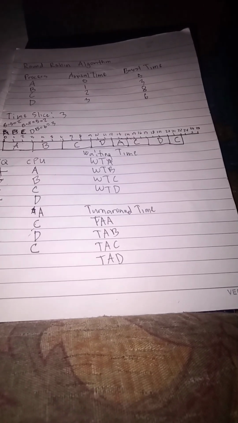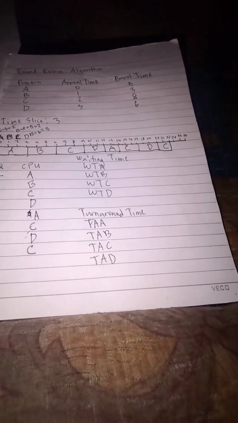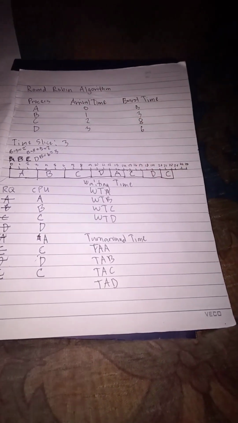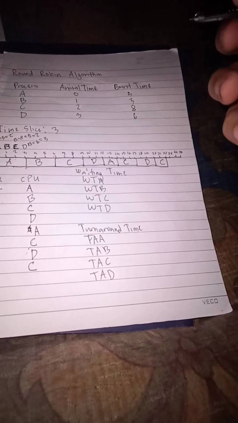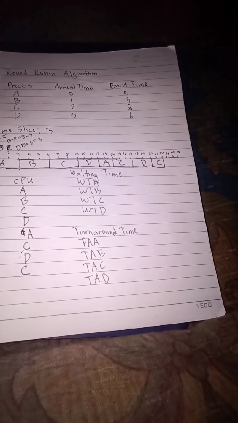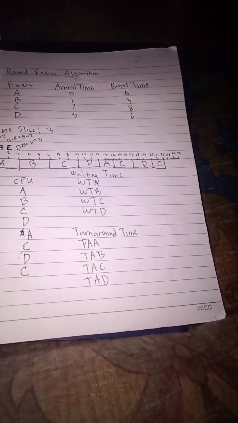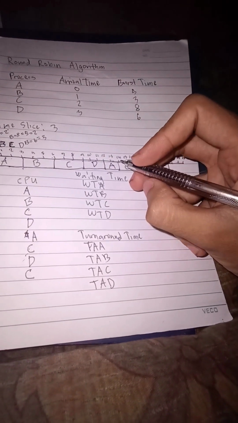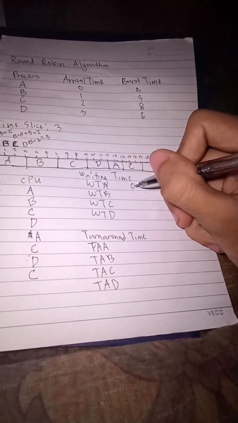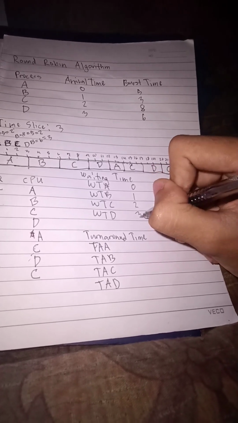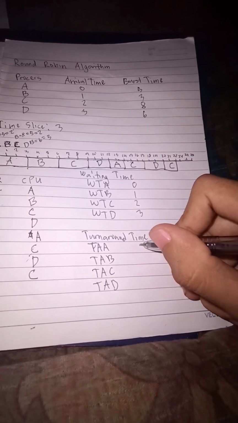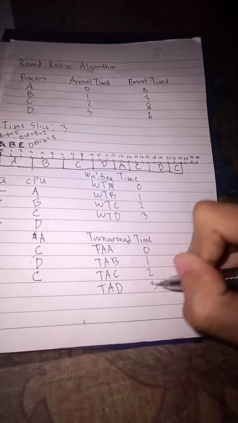Now let's solve the waiting time of the round robin. The technique here is simple. First, let's just write down the arrival time of all the processes. So 0, 1, 2, 3 on both waiting time and turnaround time: 0, 1, 2, and 3.